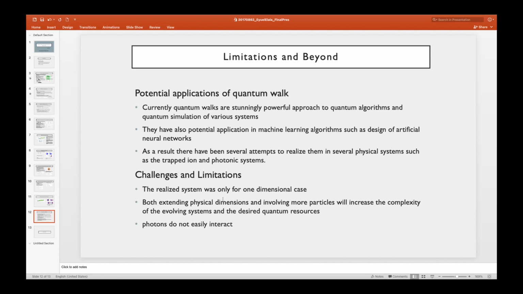The other problem is that this was only realized in the one-dimensional case, but if we want to extend this to a bigger problem, we also need to extend the physical dimension when the complexity of the problem gets bigger. So these are some of the limitations, and they also have some powerful advantages. So thank you, that's all. If you have any questions, welcome.